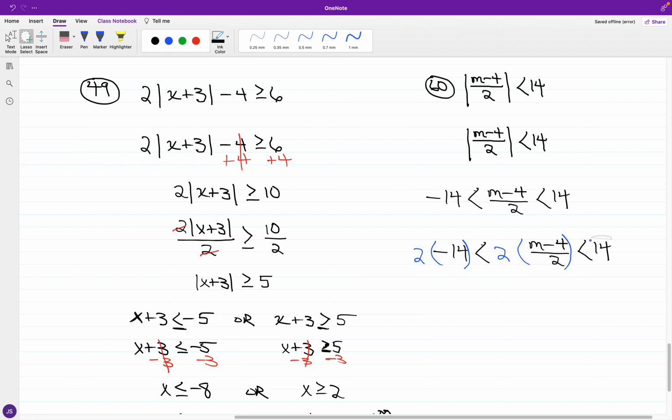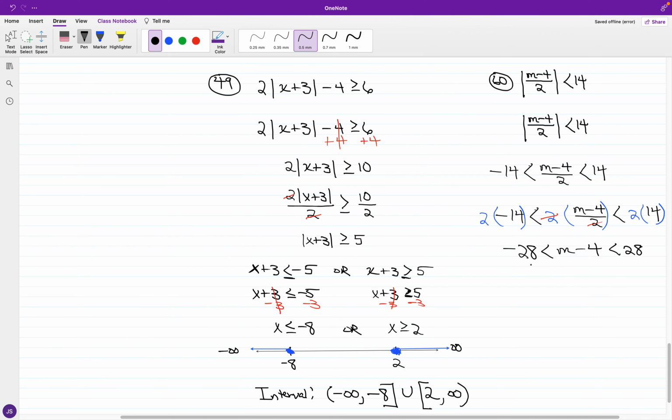And I'm multiplying by a positive 2, so the less thans will remain intact. So we have 2 times negative 14 is negative 28. And we have negative 28 is going to be less than m minus 4. And in turn, we'll have that m minus 4 is less than 28.